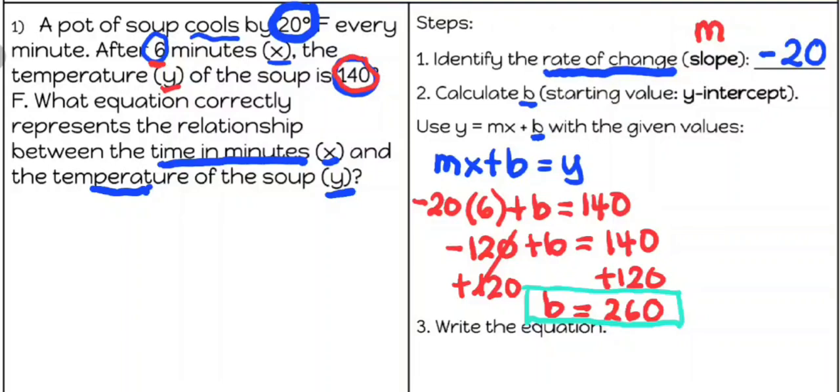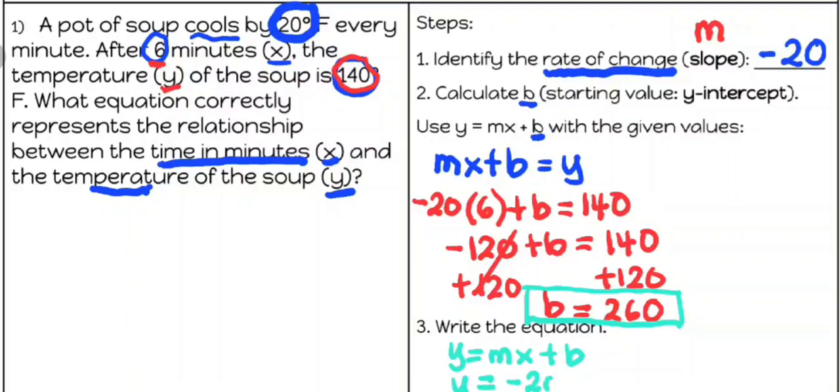Step 3, write the equation. So again, we will go back to our slope-intercept form, which is y equals mx plus b. And then we will just simply plug in the values that we just got a while ago. So y equals, what was our m?